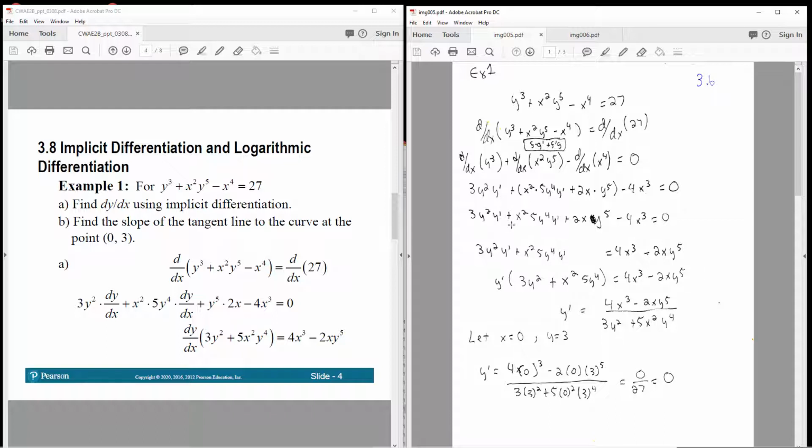I have one y prime term there and one y prime term there. Okay, and get everything else to the other side. So 4x to the third goes to the other side, and 2xy to the fifth goes to the other side, and the signs change there. So now these two terms have y prime in them, so I could factor out a y prime, and then I divide by.